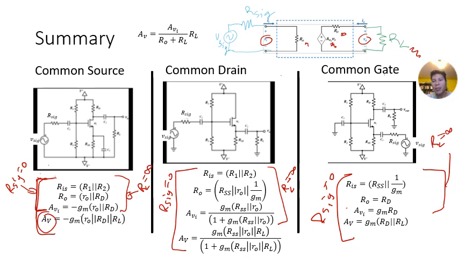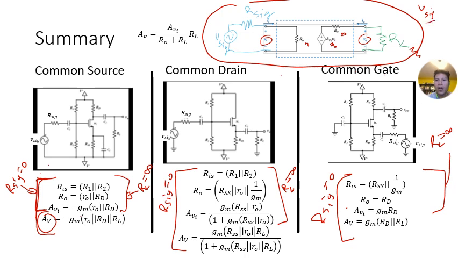Once you have all of these parameters, though, if you have a non-zero R sig, you can just analyze this circuit to figure out what V out over V sig is. So even though you derive these things assuming R sig is 0, as you can see here, you can actually derive what the output is for a non-zero R sig.